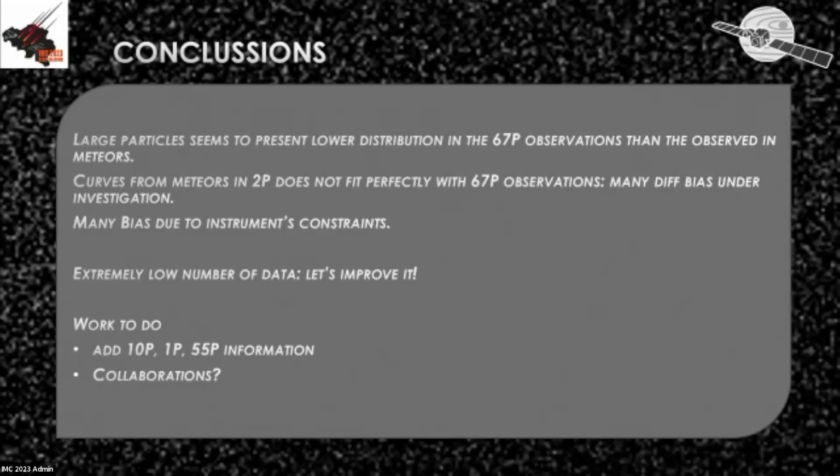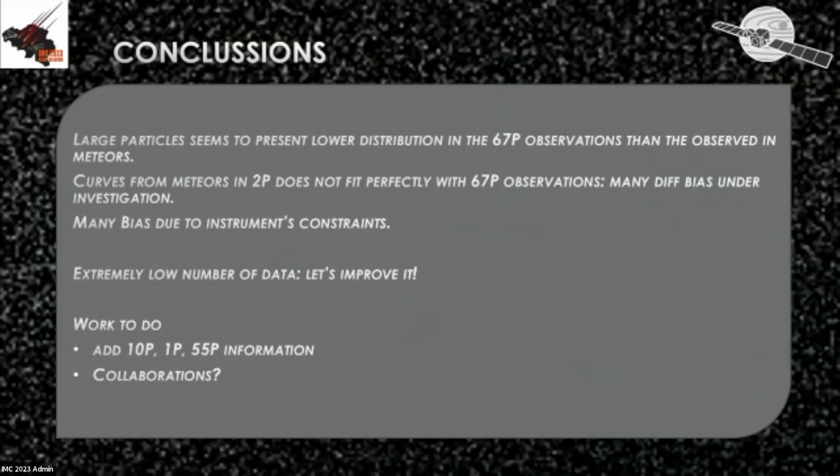I didn't take too much data from meteors, and that's why I'm showing this. I would love to improve this study with more and more data, and probably some of you might be interested in helping me with the analysis of the meteor showers and trying to make a big plot with all the possible different meteor showers.